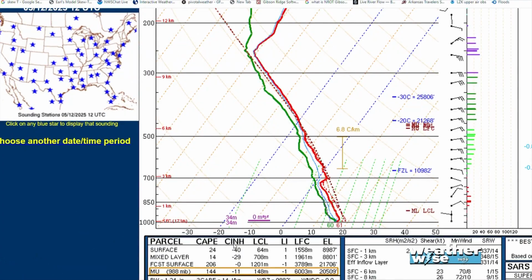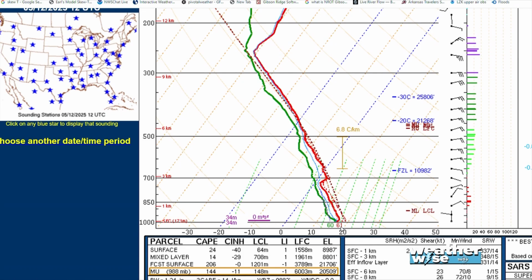So let's take a look at one example here. This was the weather observation from the weather balloon that was launched this morning, which would have been May 12th. You see a lot of lines here. When you look at this, you're looking at this red line. This red line is the temperature profile.